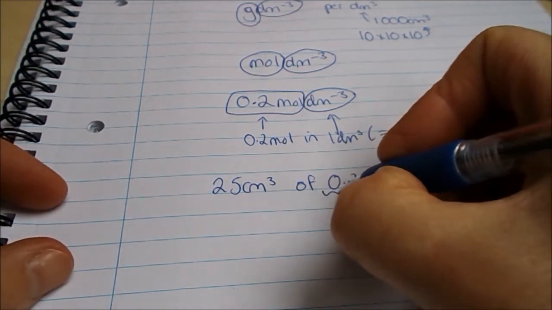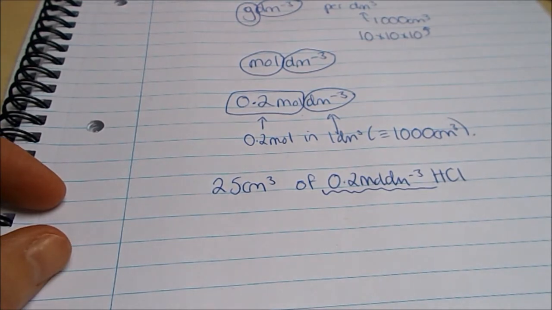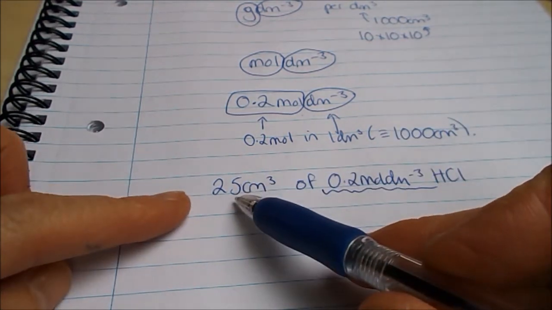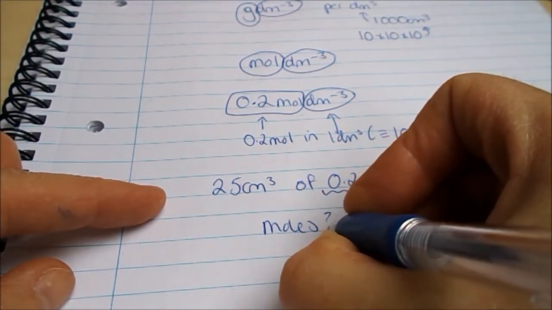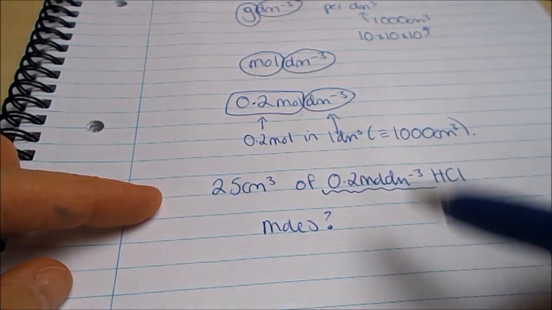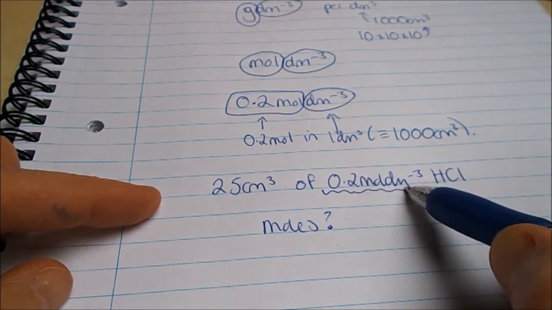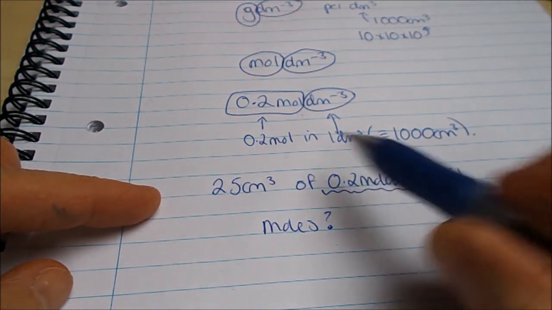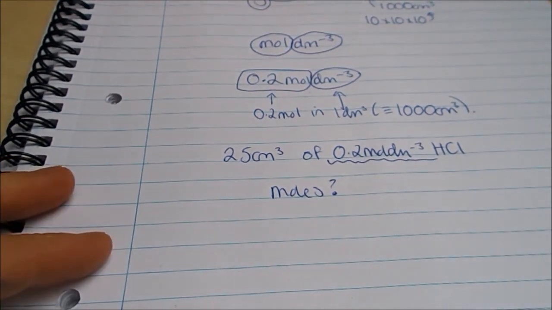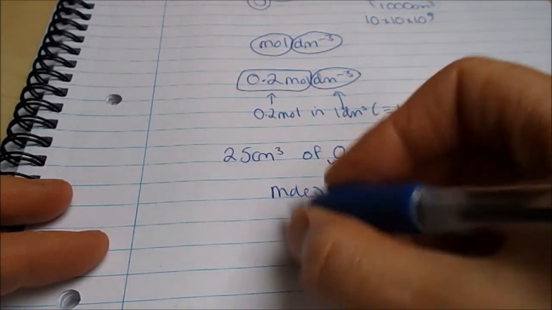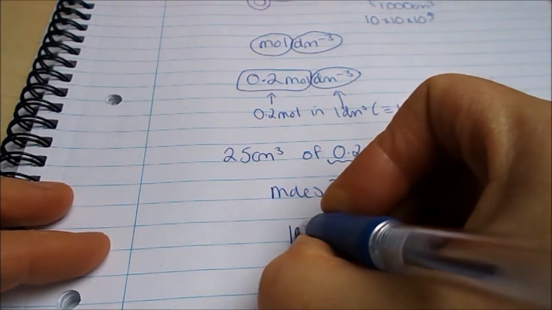What we know about our hydrochloric acid is our concentration, and we want to know how many moles we have got in that 25 centimeters cubed. So we know we've got 0.2 moles in 1,000 centimeters cubed, in 1 dm cubed, and we're aiming for a new volume to find the number of moles in that. So we're going to scale through the volume because we know all about that.